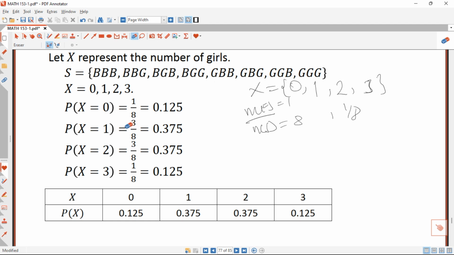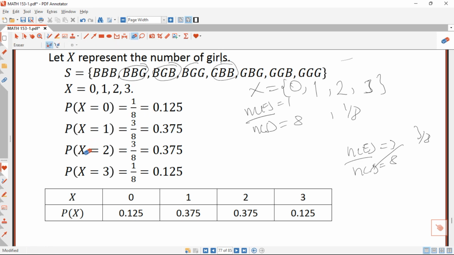We are going to get 3 divided by 8, because we have 3 events where we have only one girl, and our sample space is 8. That's the reason why he had 3 divided by 8 here to get 0.375.